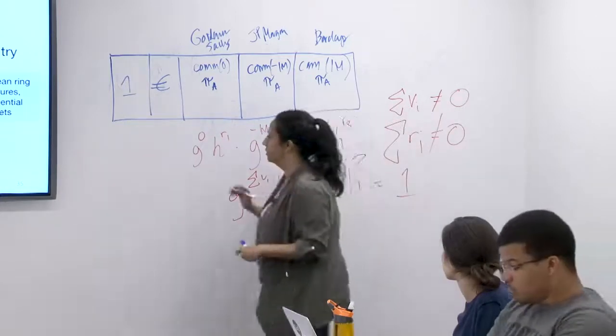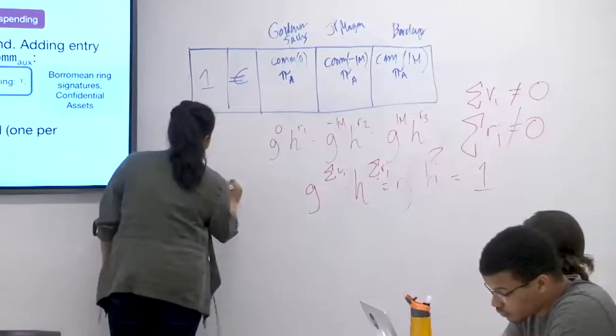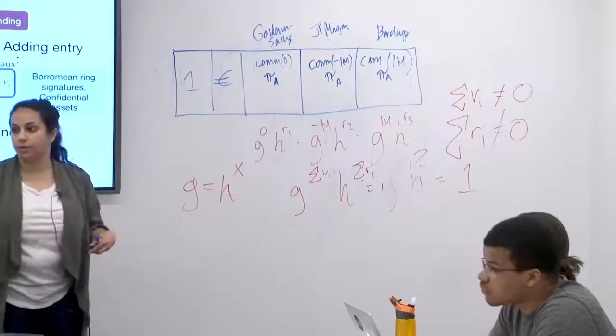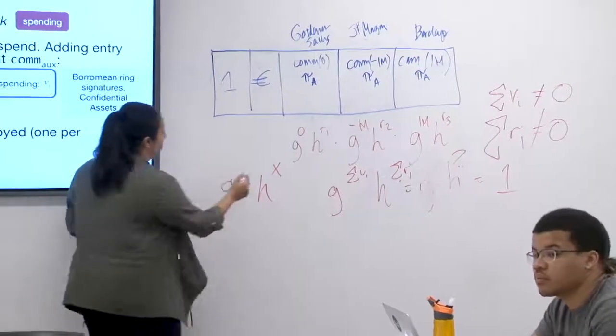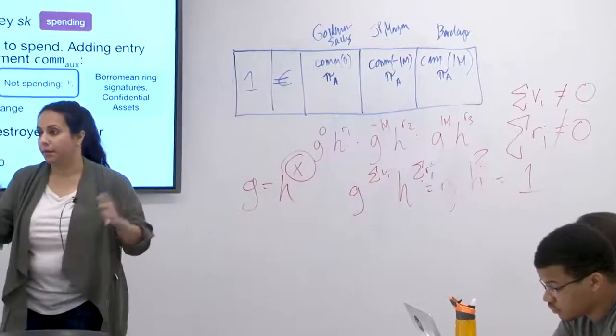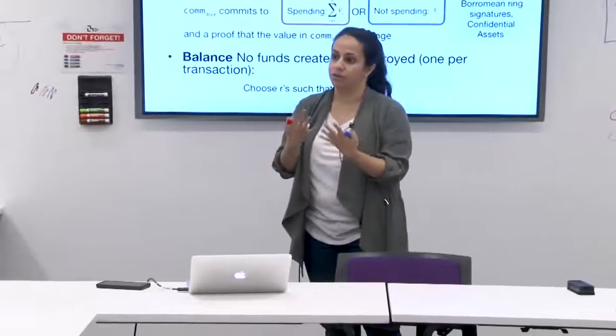There's an assumption here that these are two generators of the group, so that G is equal to H to the X, that there's some way to produce one generator from the other. There's an assumption that figuring out what that X is, is nearly impossible. So you don't know what G is in terms of H.